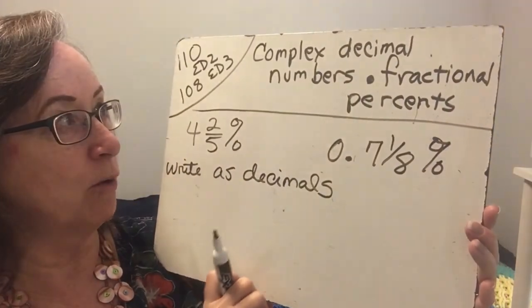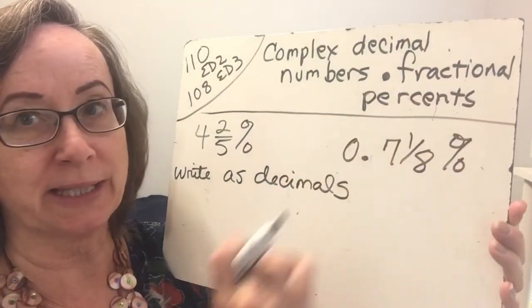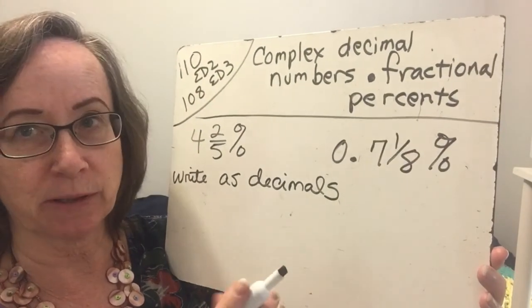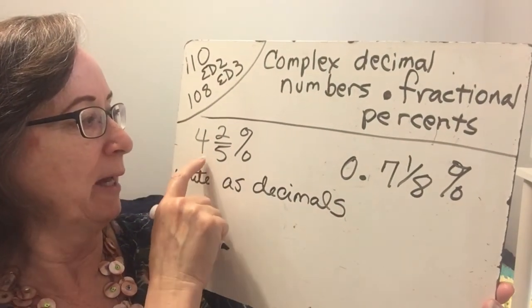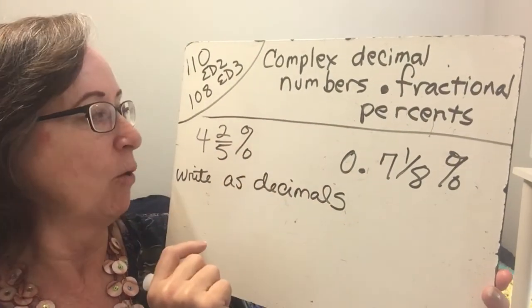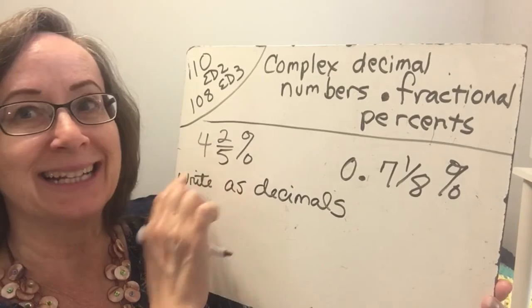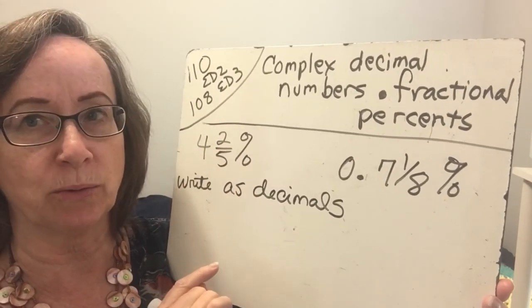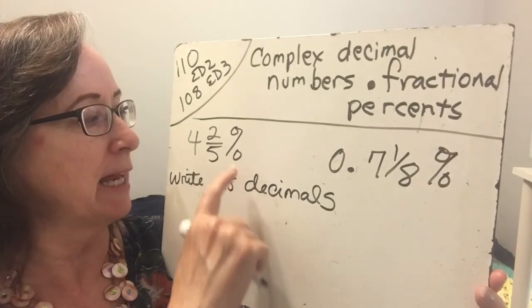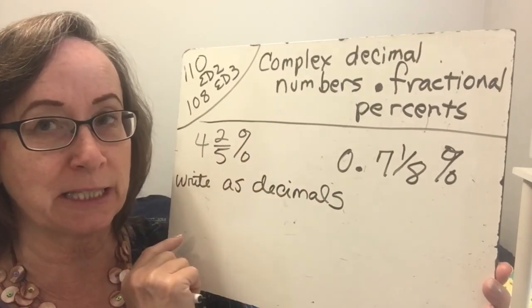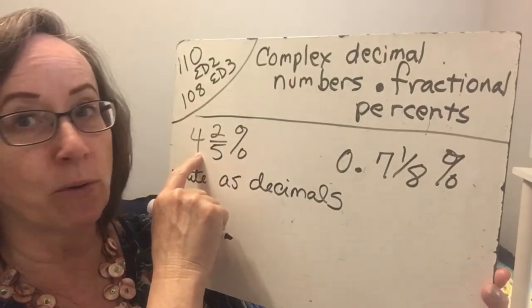Okay, so now we're working on fractional percents and turning them into decimal numbers. So here we have 4 2/5%. Well, the way I like to do it is go ahead and take care of the 4 2/5 and put it into a decimal form first, and then to take care of your percent, you just move your decimal 2 places backwards. Okay, so 4 2/5.